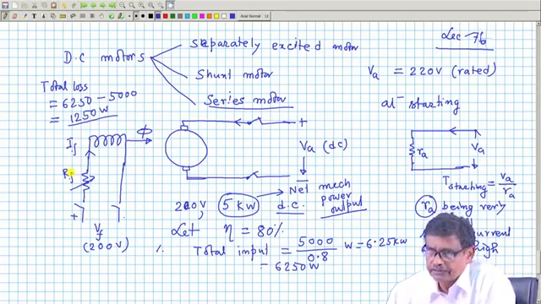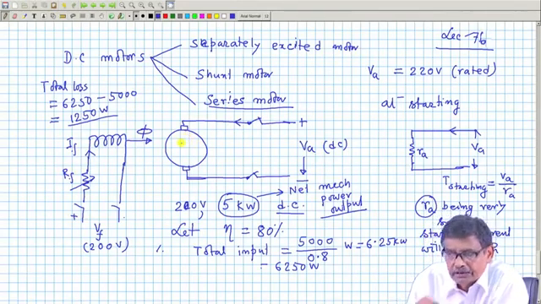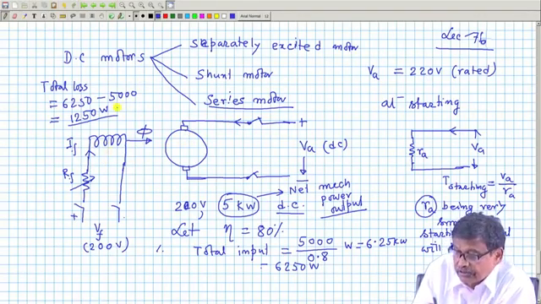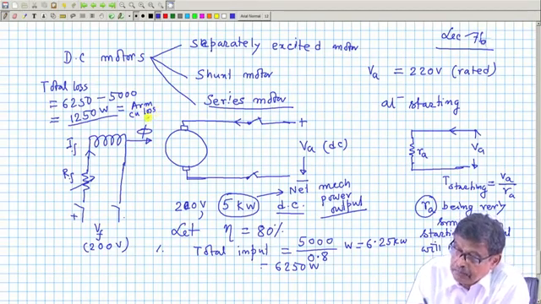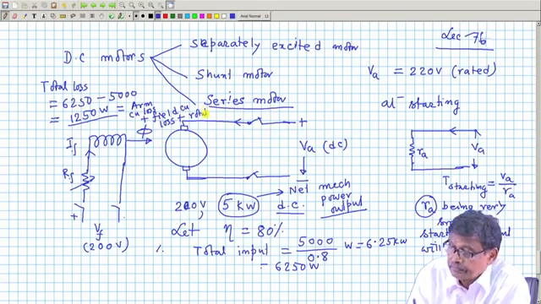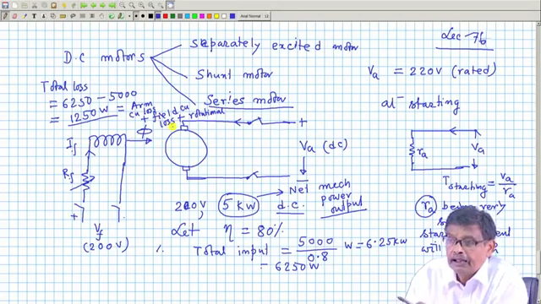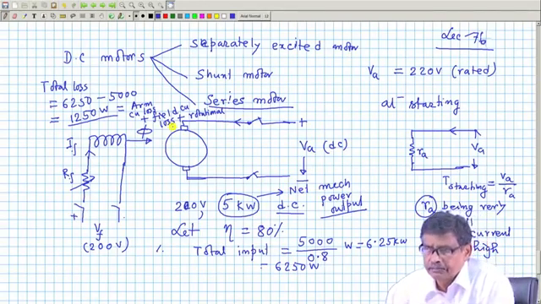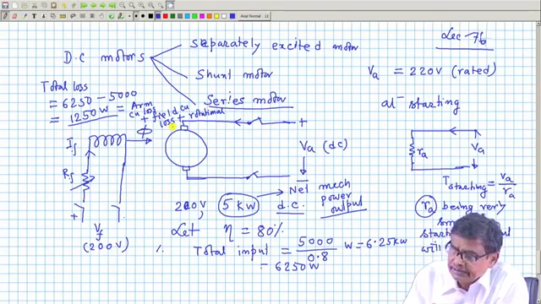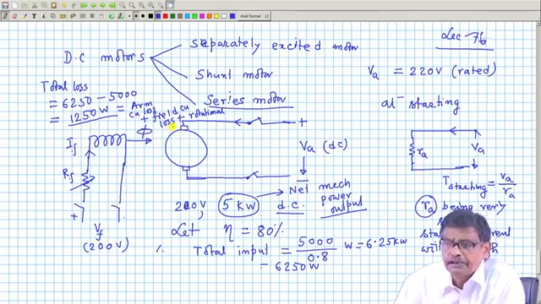So the total loss will be equal to armature copper loss plus field copper loss plus rotational loss, frictional and some eddy current loss in the armature. We will come to that, but these three losses are the primary losses.